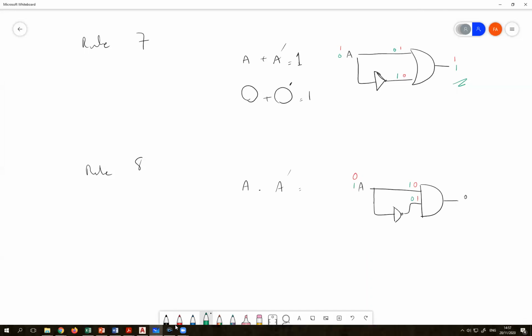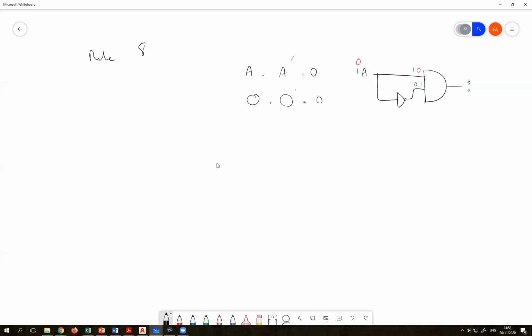Again, it will be 0. So what is important? When you have an AND gate and you have A and not A, it's always 0. Why? Because if A is 1, the inverse of A is 0, so you always have 1 and 0, and because of that, the output is always 0. Again, this is a structure that we always get. Actually, these are two inputs, and the output is always 0.